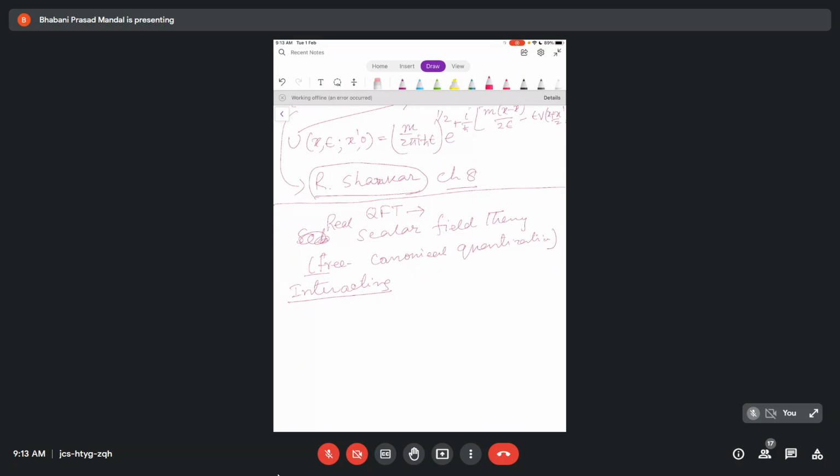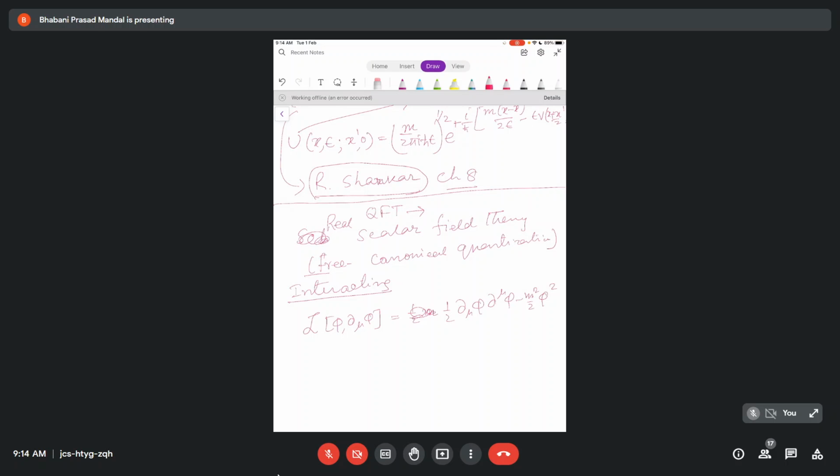So first thing, let us write the free Lagrangian, that was phi and del mu phi, that you know. So it was half del mu phi del mu phi minus m square by 2 phi square.